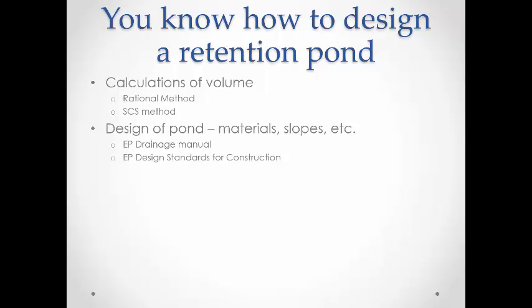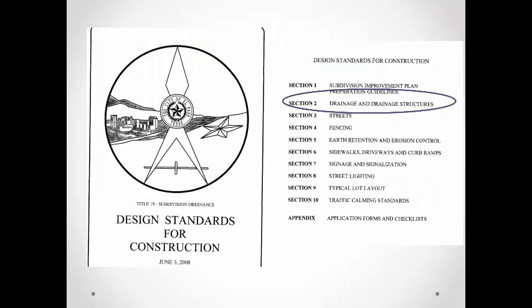All of this information on how to design, what equations to use, and how to build this hydraulic structure you can find in the El Paso Drainage Manual and also in the Design Standards for Construction. We'll go over some of those. You have access to both manuals in your Blackboard shell.